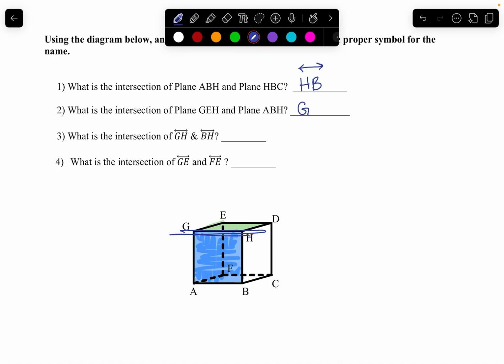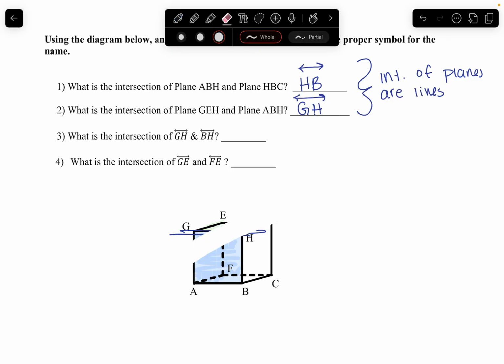So we are going to write GH with a line symbol over the top. Okay, so remember the intersection of planes are lines, okay?